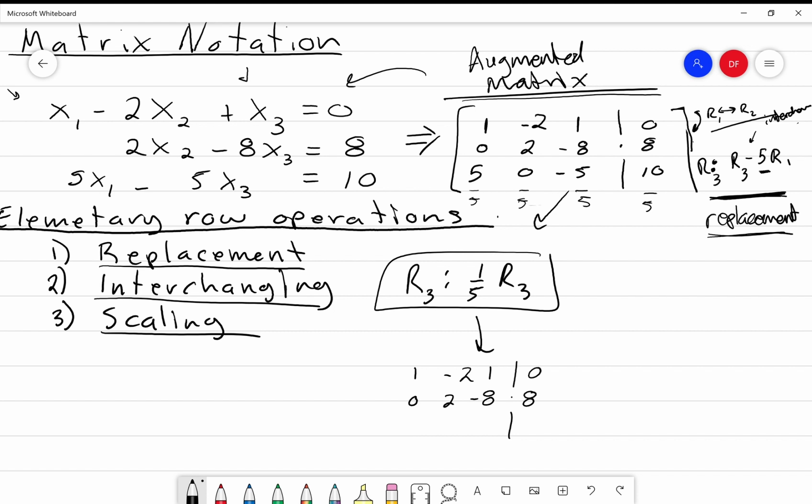So if I did that, I will get 1, 0, negative 1, 2. Okay? This is called scaling. Now, elementary row operations are important because when I do elementary row operations, I do not change the solution of my system.